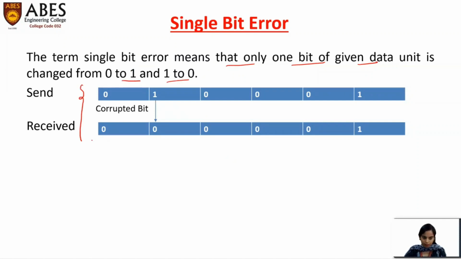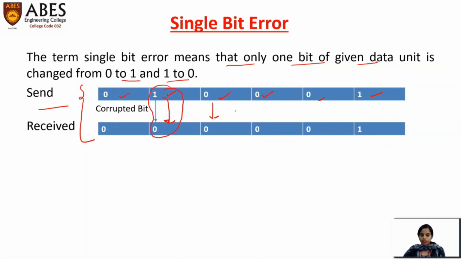As you can see in this example, the sender sends data 0, 1, 0, 0, 0, 1. But when this data is received by the receiver, this 0 is the same and this 1 becomes 0. You can see that I've marked this as the corrupted bit.